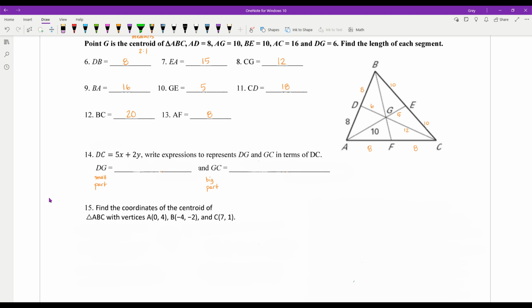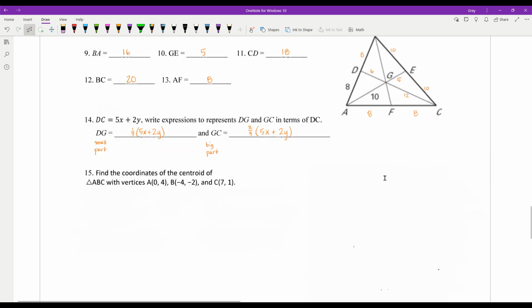And remember, from our centroid theorem, we got 1/3 and 2/3. So DG, which is the small part, is going to be 1/3 of that expression. GC, which is the big part, is going to be 2/3 of that expression because it's 2/3 of the whole thing.